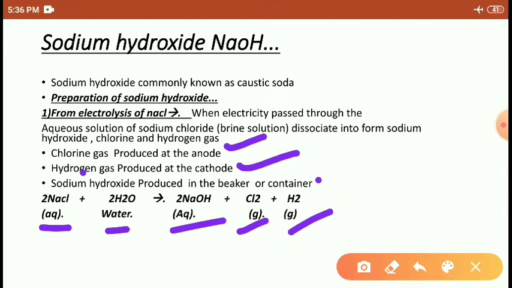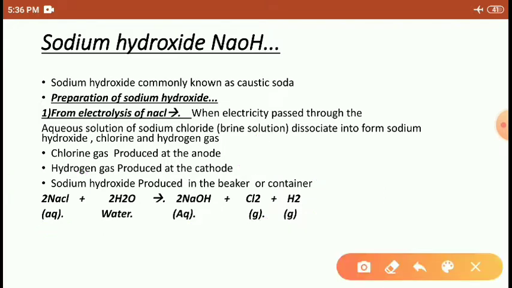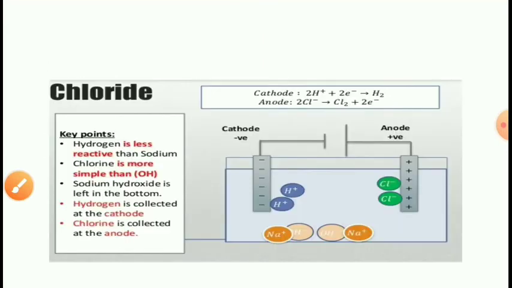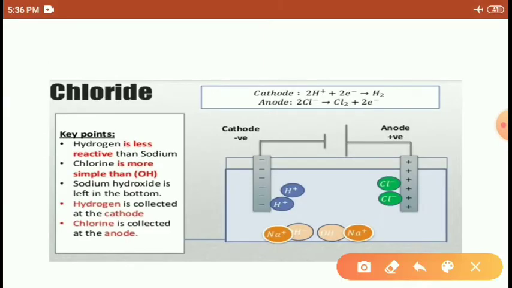How do these reactions occur, students? Let's see in the next. Here we are using a beaker in which we have water and NaCl. When we carry out the electrolysis, what happens, students?